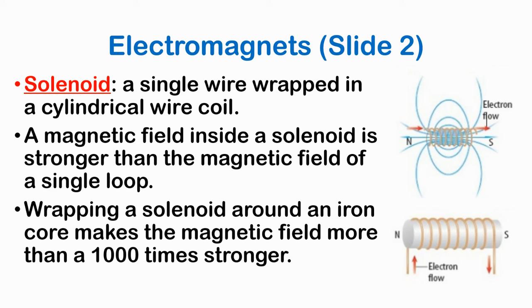Now, there's one more trick that we can do to make it even stronger. If we have these many loops, we could stick in an iron core. We just put in an iron rod, and it makes the magnetic field more than 1,000 times stronger, with the same number of loops, because the more loops you have, the stronger it gets.